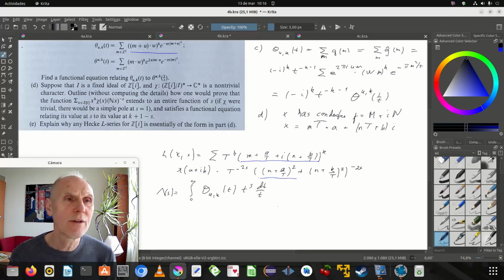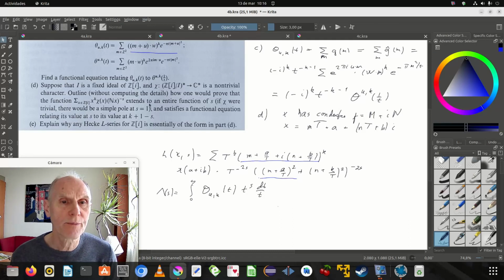Is this an entire function as it is, or can anything go wrong here? And we have the point with this part vanishing when u is in the lattice of integers. This has one term giving unity. And if k is naught, then this gives unity as well.